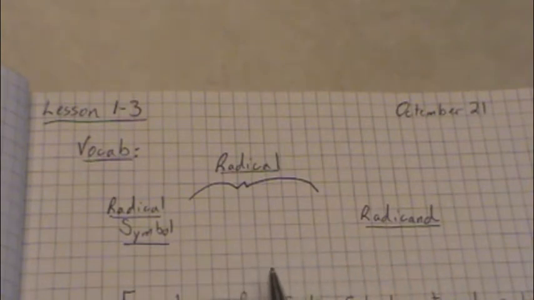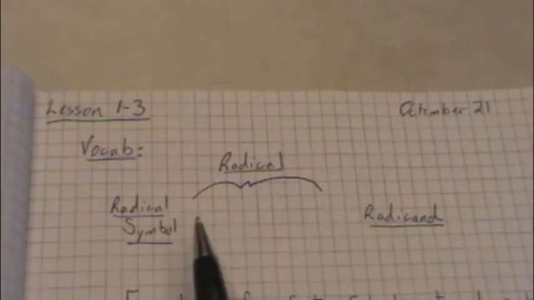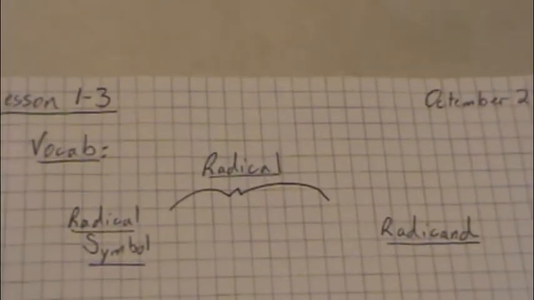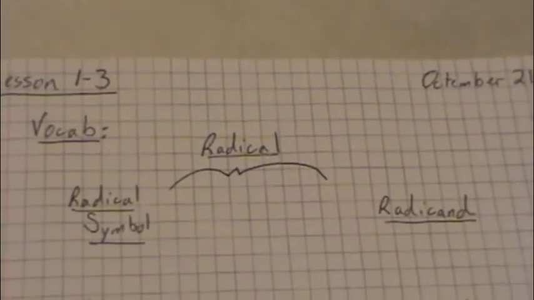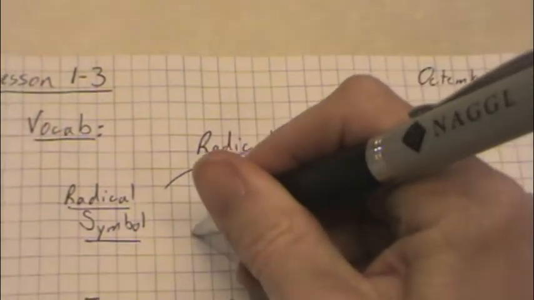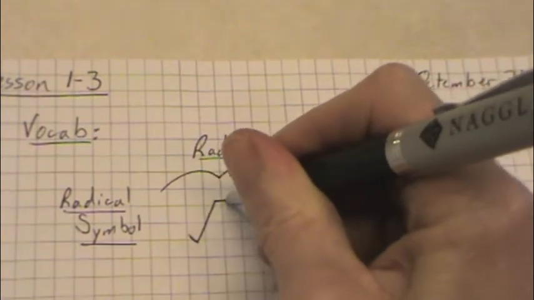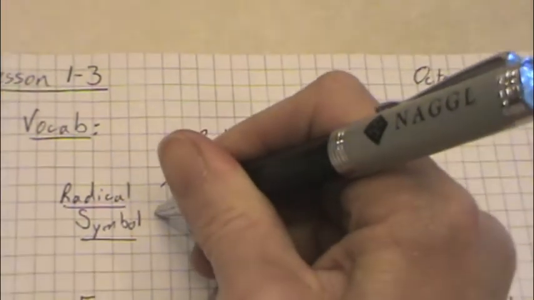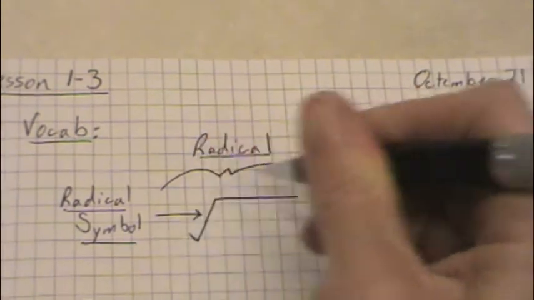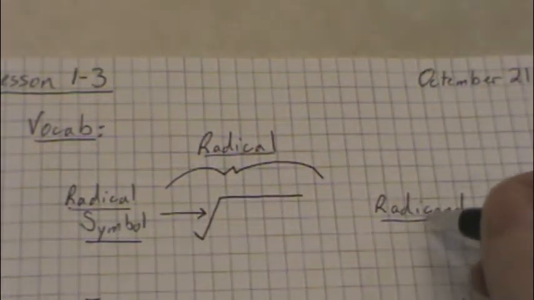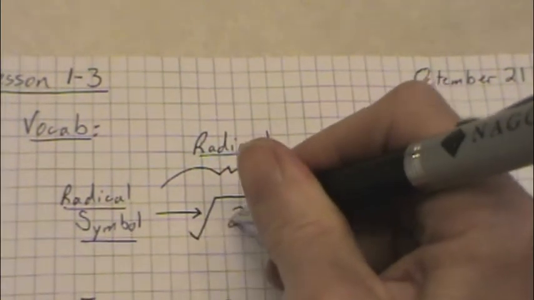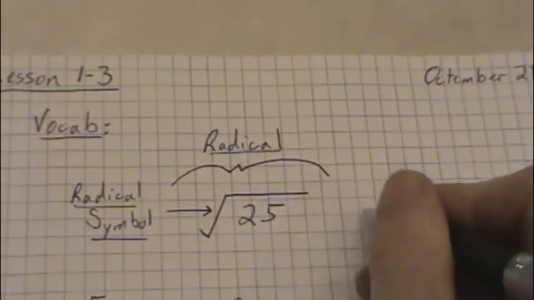Our first 3 vocabulary words are radical symbol, otherwise known as the square root sign. This is the radical symbol. The radicand is the number under the symbol.